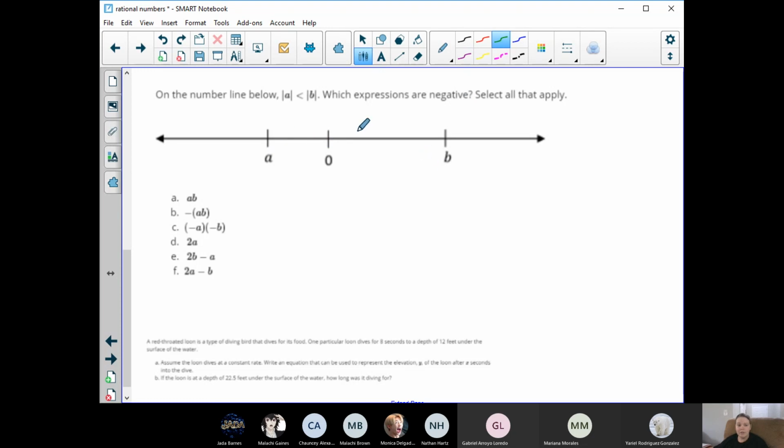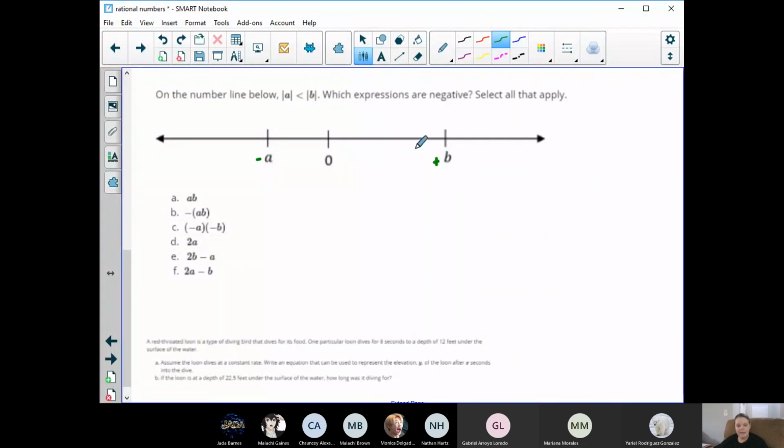So looking at these two numbers, would you say A is negative or positive right now? Negative. Okay. And B would be? Positive. All right, so let's look at choice A.